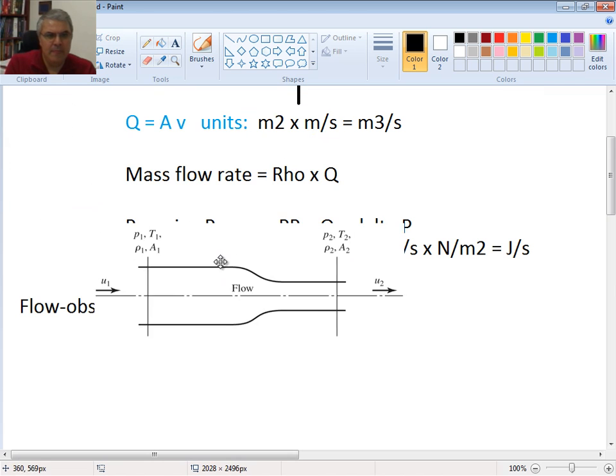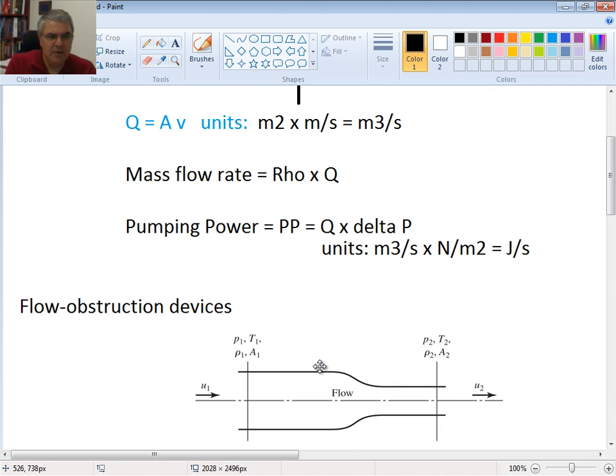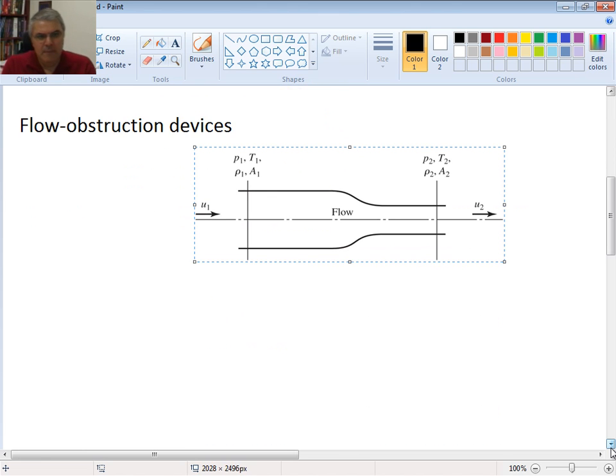Okay, here's an example of a flow obstruction device.